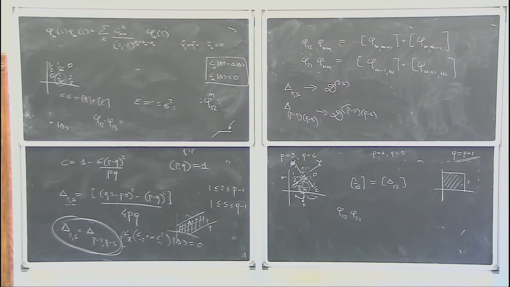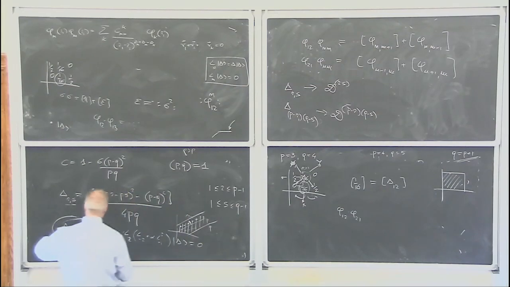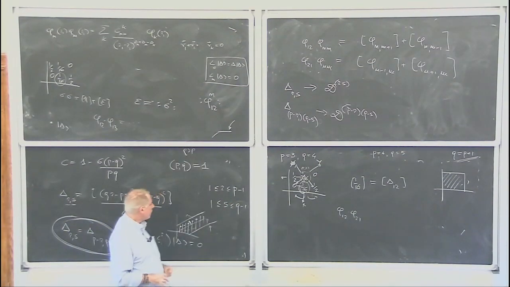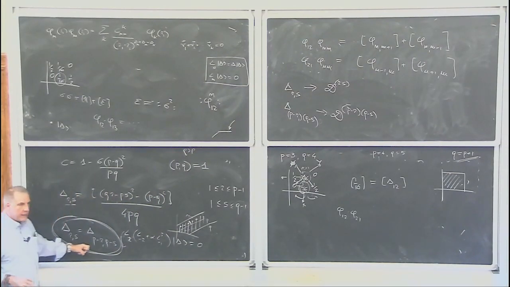So are these dormant fields, as you explain, a consequence of this symmetry? Absolutely. Okay, could you please explain the link again, because I'm lost in this explanation. So the key point of the story, let me tell you in a nutshell what it's about. From the Kac table and Kac analysis, you end up with a set of rational numbers with certain restrictions. Now, each of these numbers, the way you have to understand it is that the fields which have anomalous dimension delta r,s satisfy a linear differential equation of order r times s.